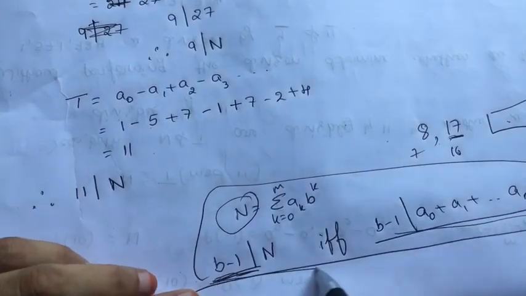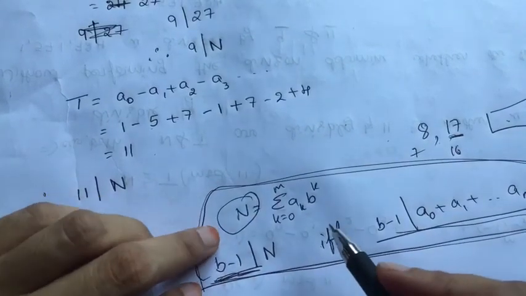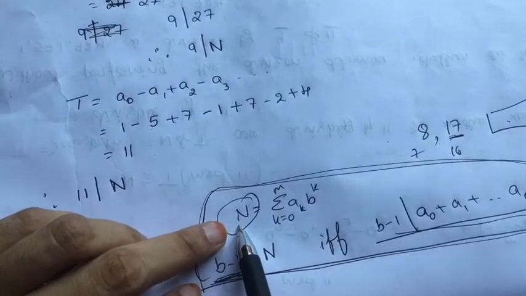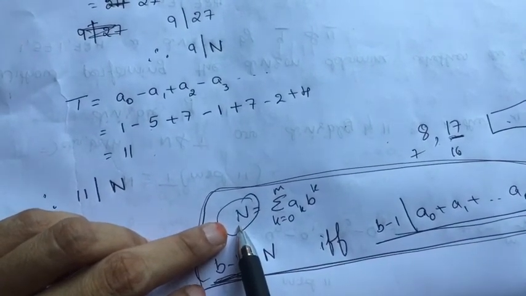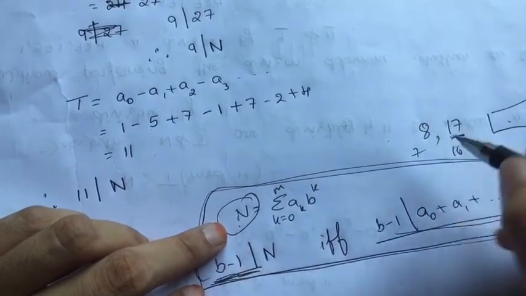You can use this result if it is asked to check whether the number n is divisible by 7 or 15.